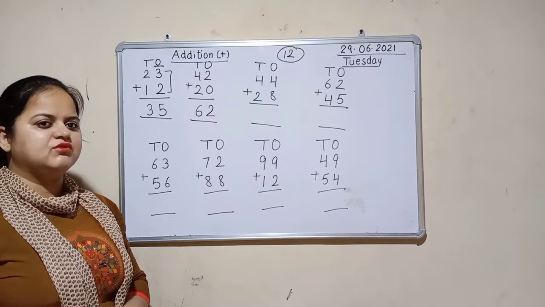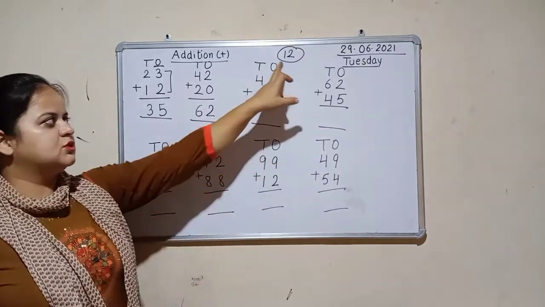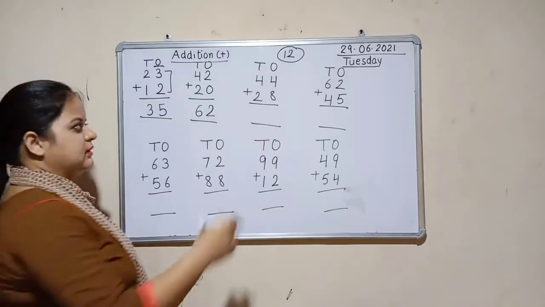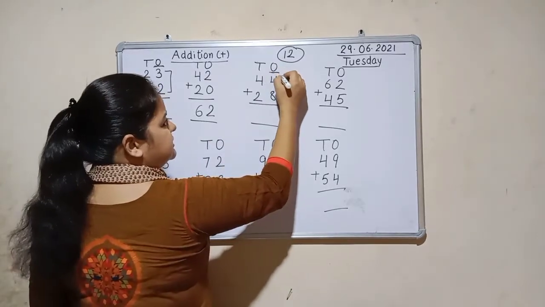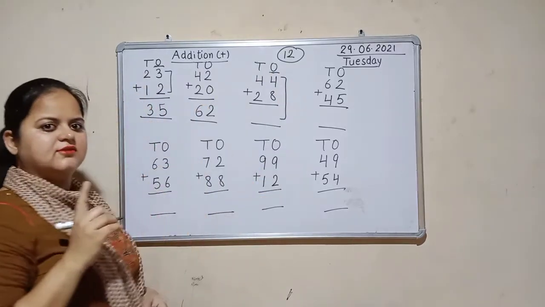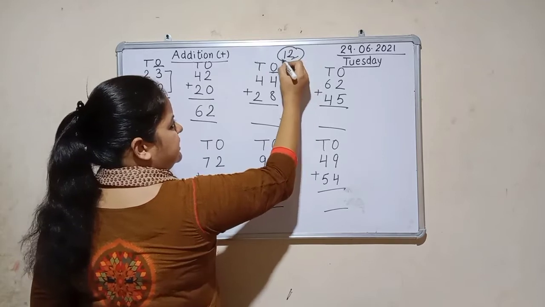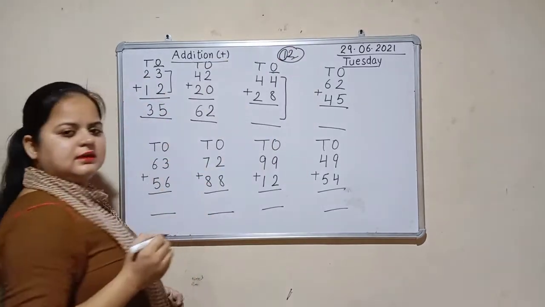Okay, so which digit we will write here? Tell me which digit from these 2 we will write here. This is one side. From these 2, this is ones and one is tens.